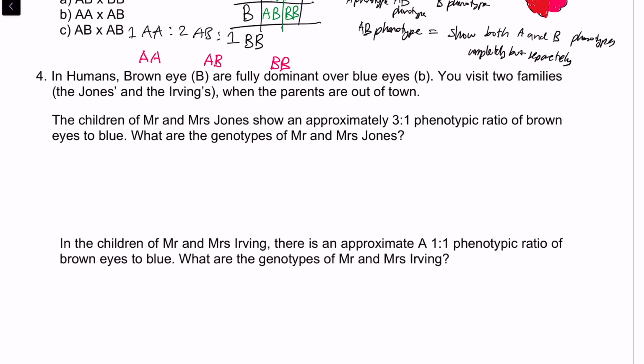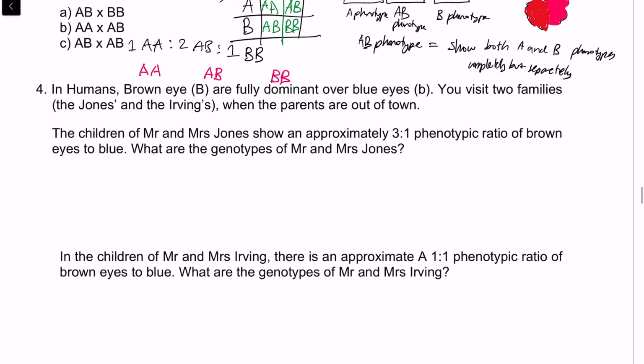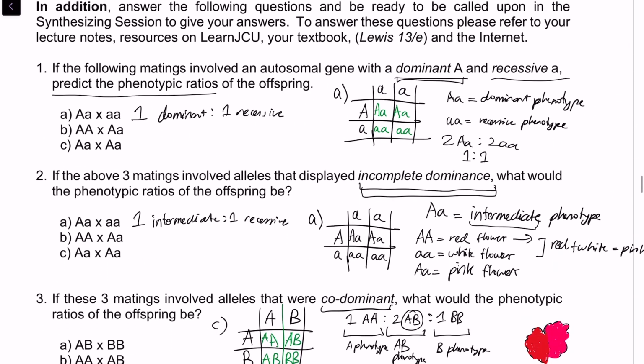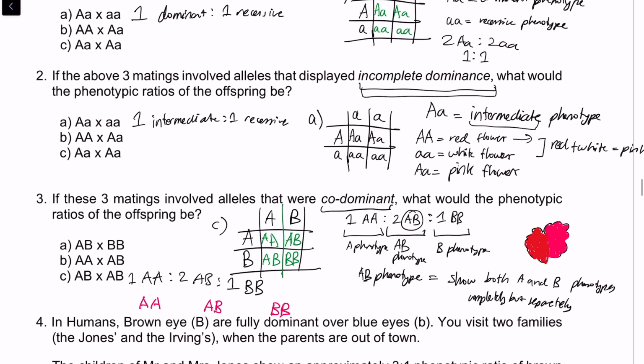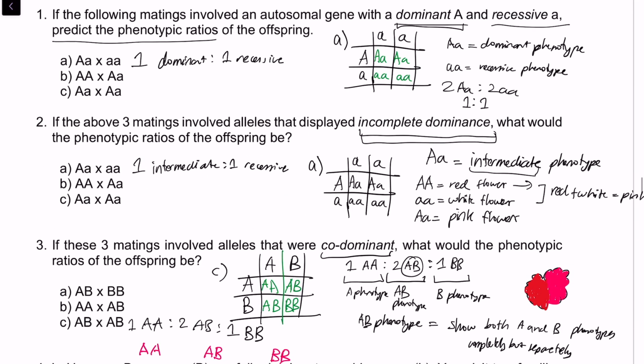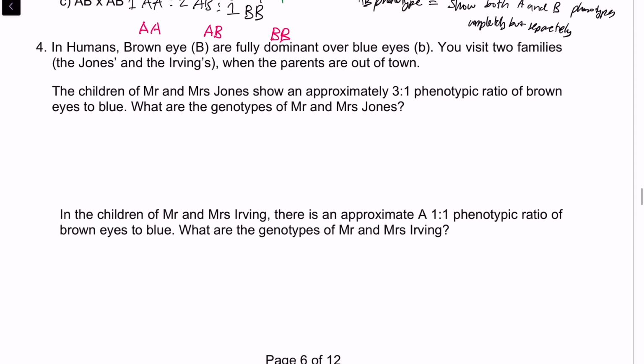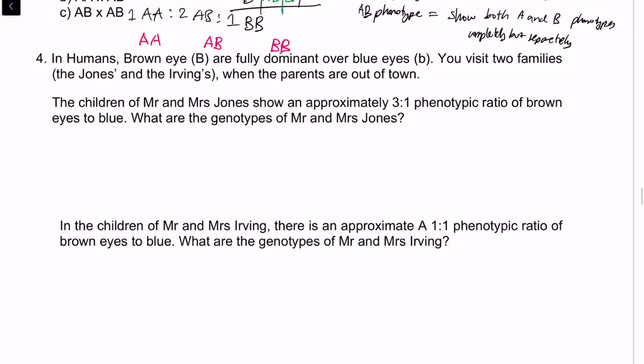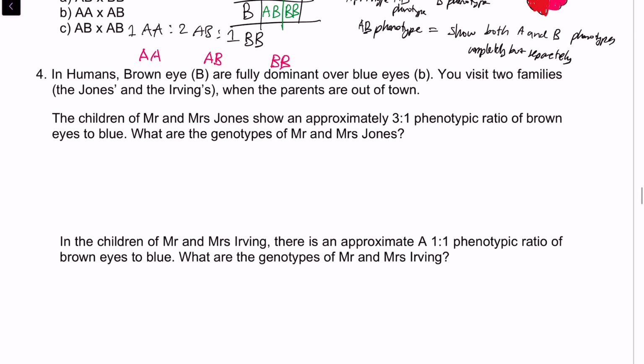Okay, now if we were to show a 3-to-1 phenotypic ratio of brown eyes to blue, then we know this is a typical phenotypic ratio we have in two heterozygous genotypes.